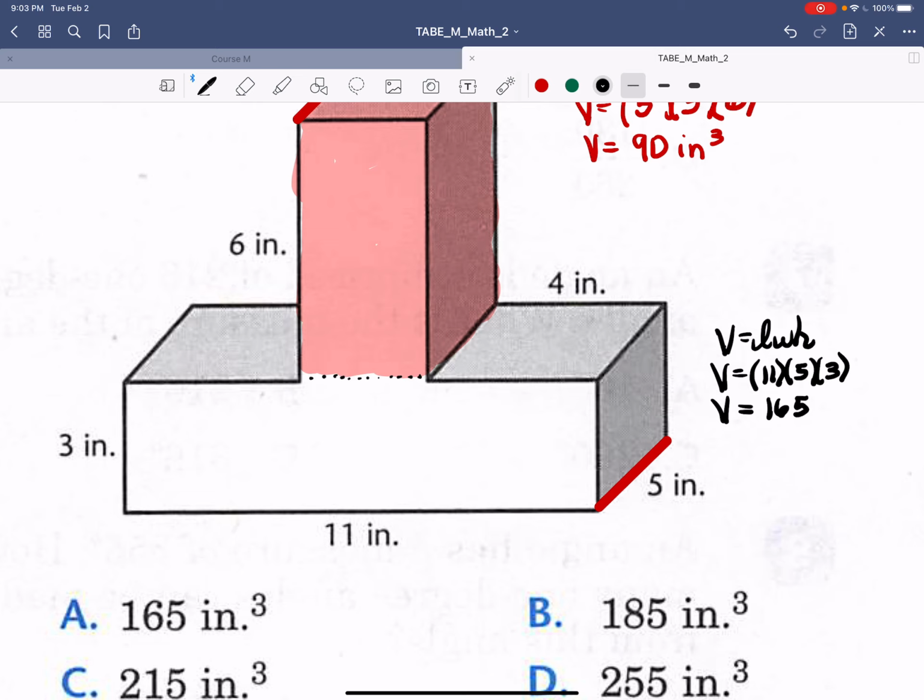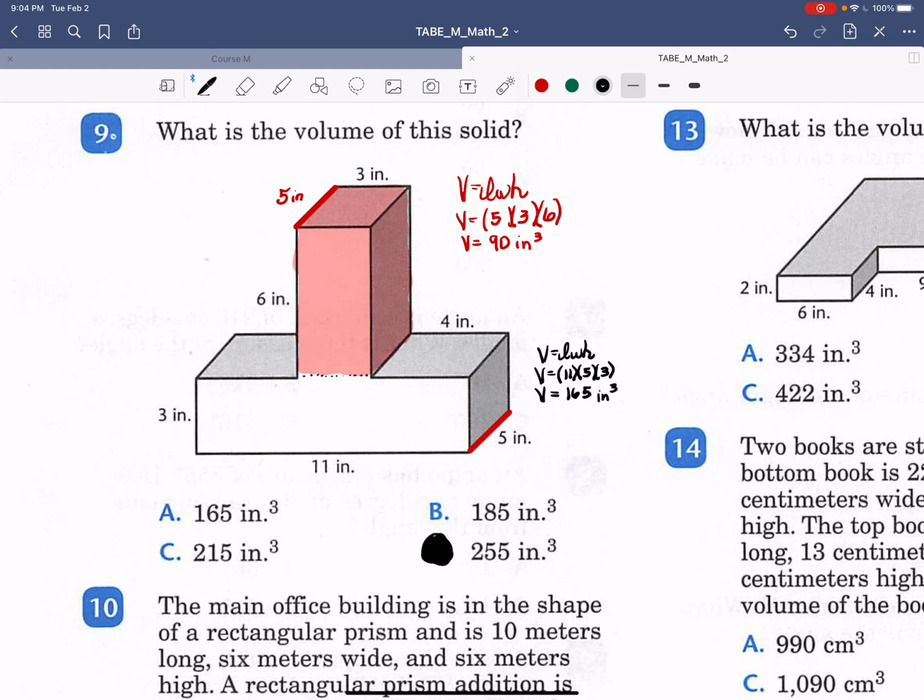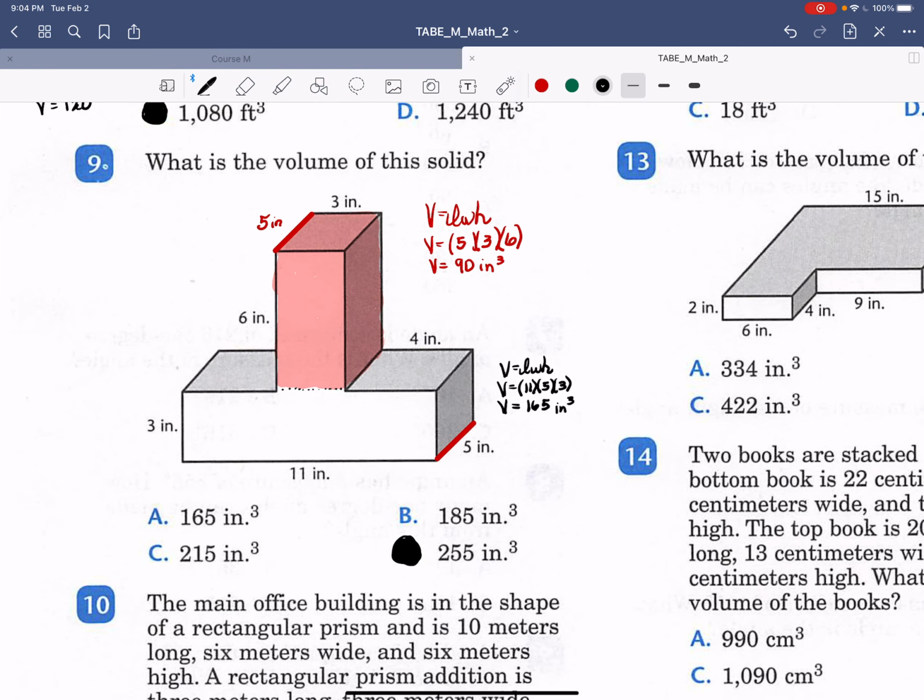And 165 plus 90 is 255. So for number 9, I believe it's D, but let me double check. Yes, it is. 255 cubic inches.